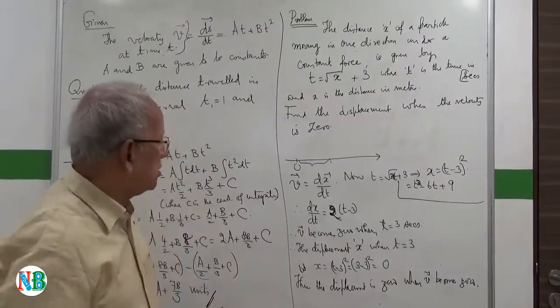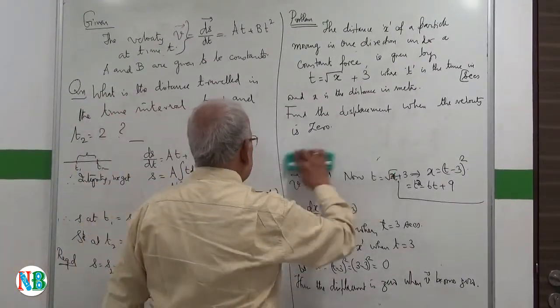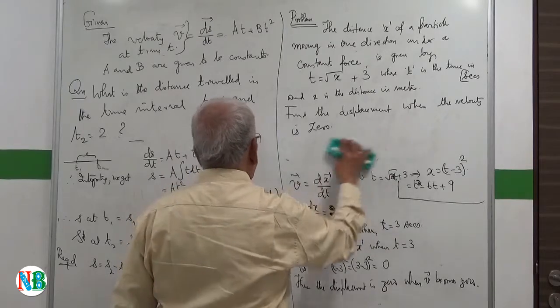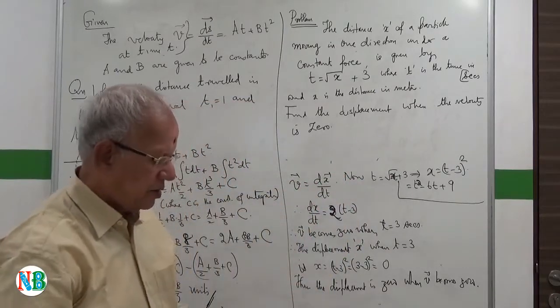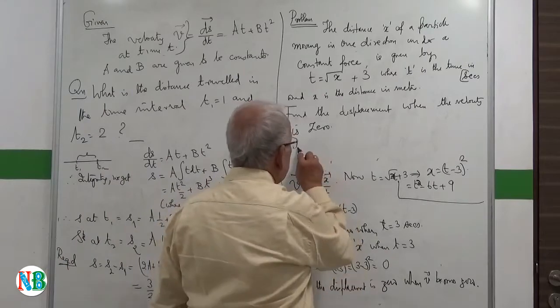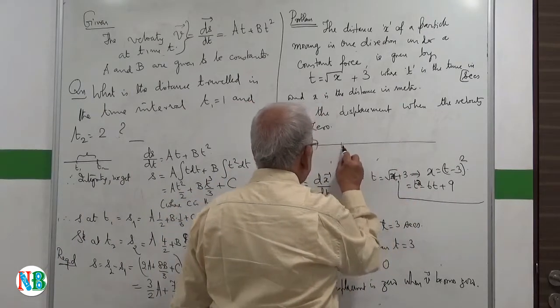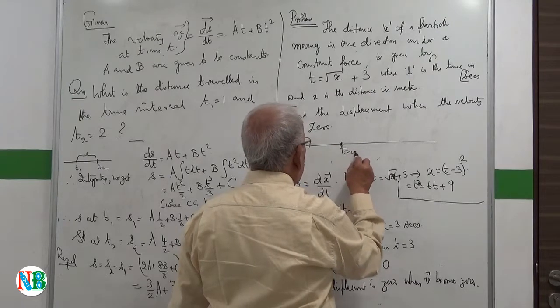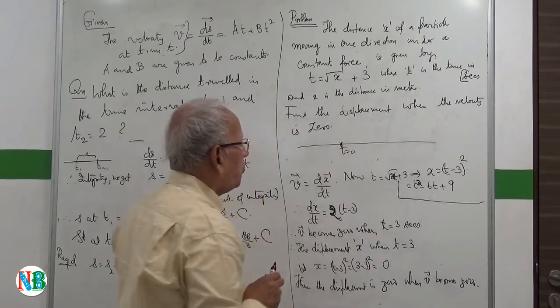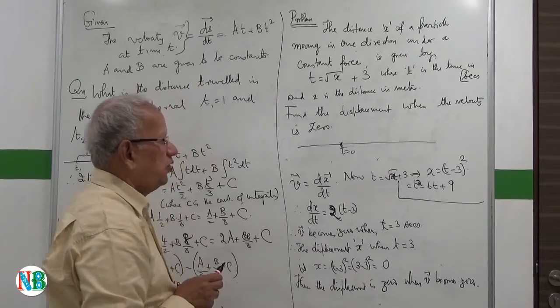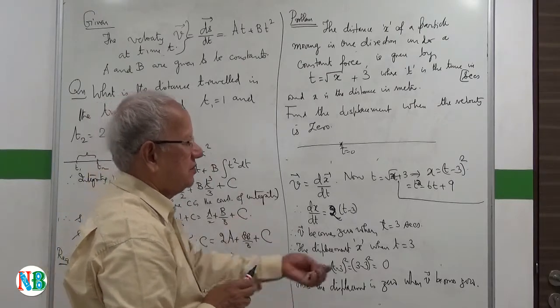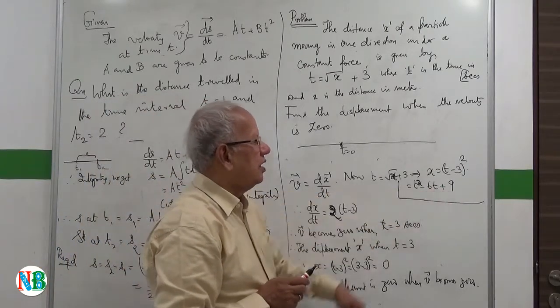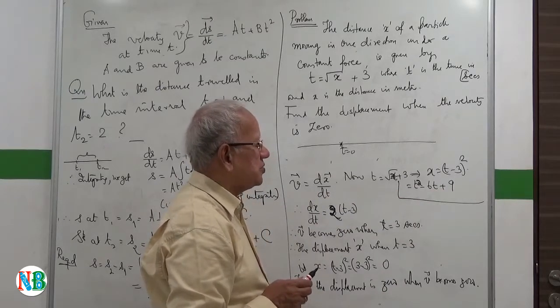I will draw the picture here. So this is t equal to 0. I want to see at t equal to 0, what is the displacement.